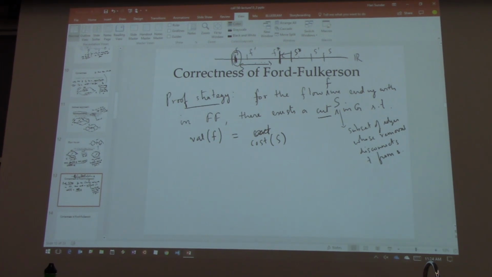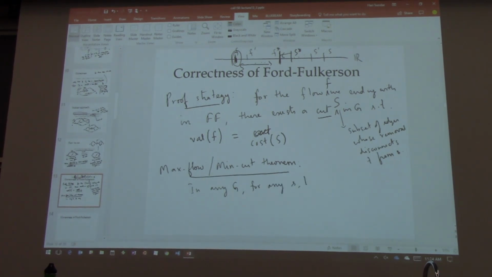Okay. And if we can show this, this also establishes what is called the max flow min cut theorem: that in any graph G, the max flow is equal to the min cut.